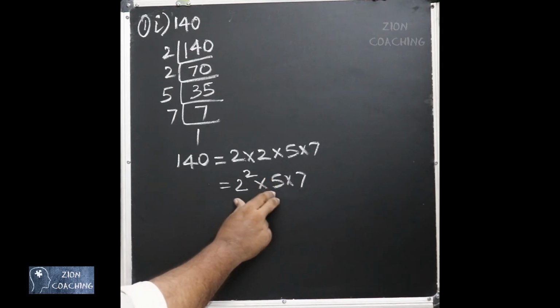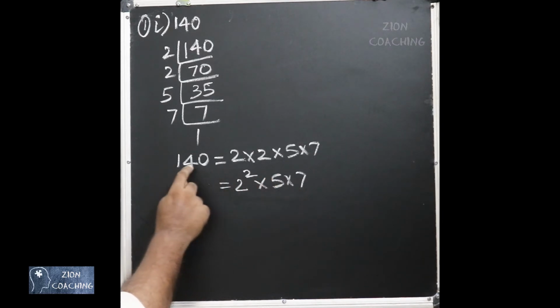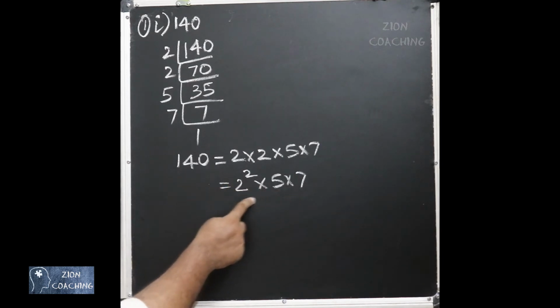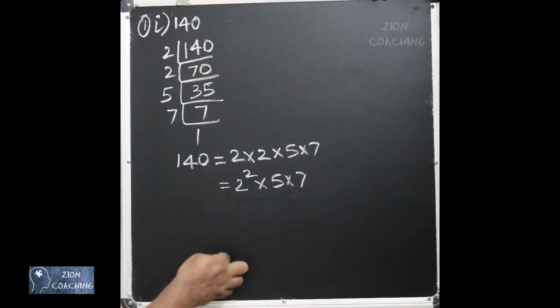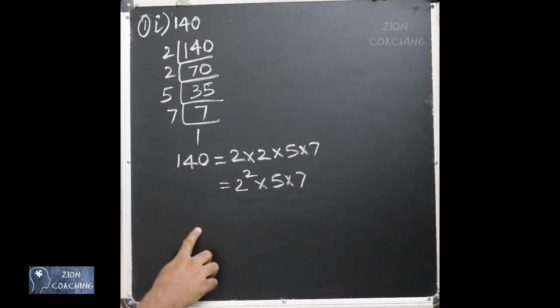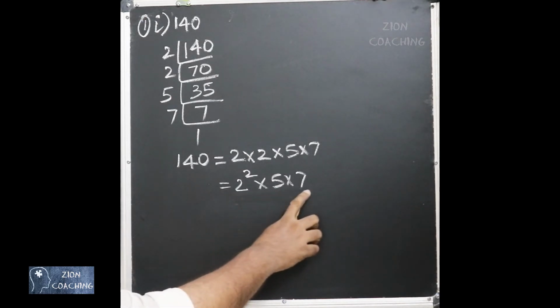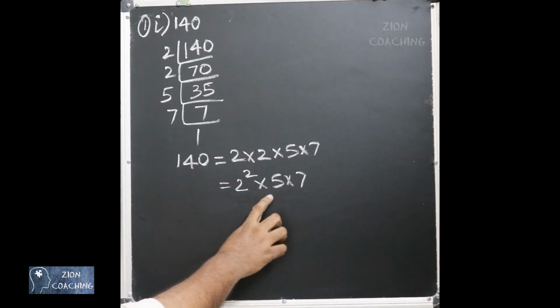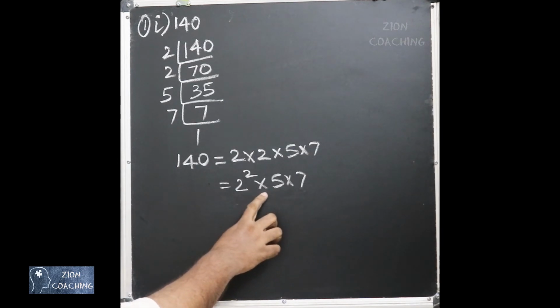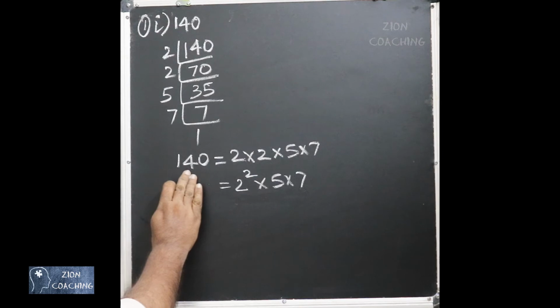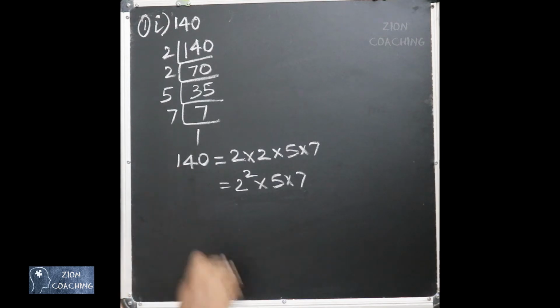You can change the order and write. But for a particular composite number, this factorization is going to be unique. That is, no other composite number will have the same factorization. When you see this factorization, it is unique and it is only for this composite number, that is 140.